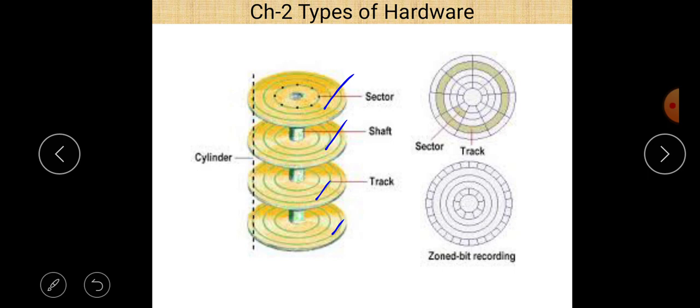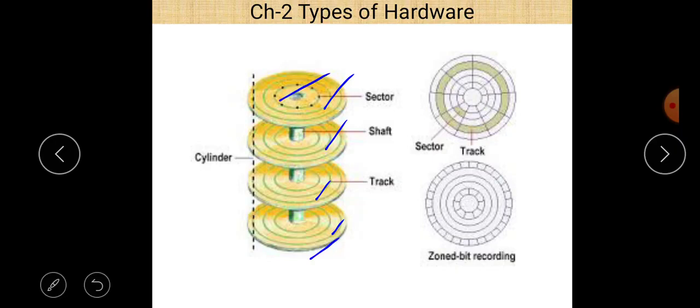We can write data only on the surface of the platters. If there are 4 platters, then we have 8 surfaces, and of these 8 surfaces we are only able to write data on 6 surfaces, because the first and last surfaces are not used.